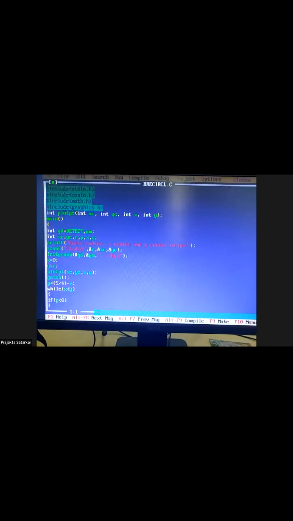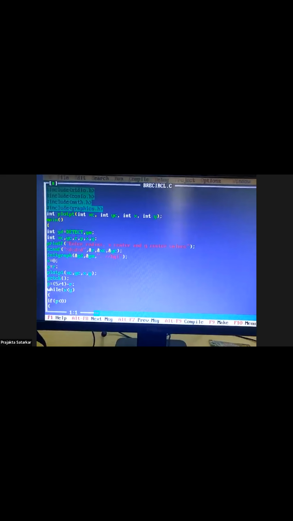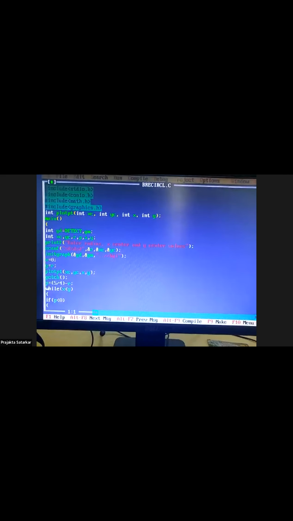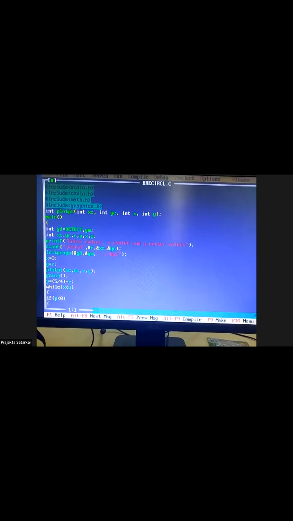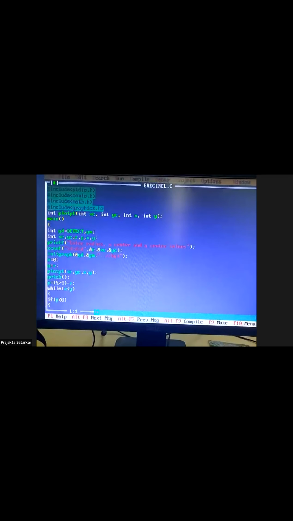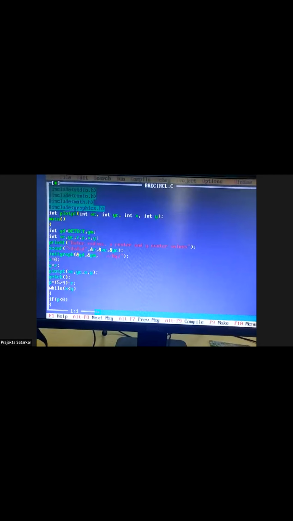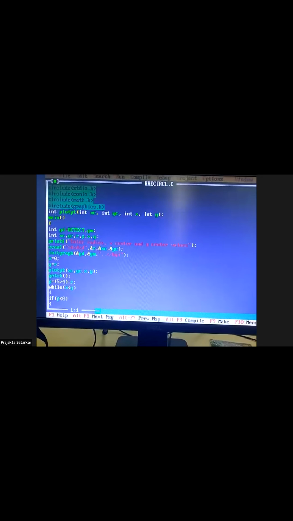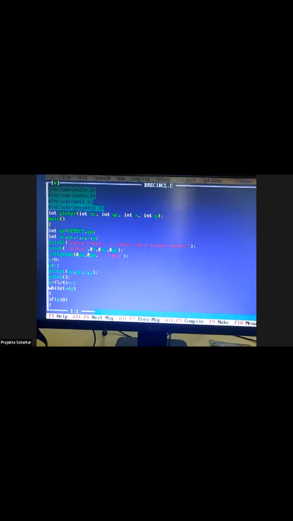So two cases will happen. X will change to X plus 1 definitely in both cases, and either Y gets decremented or Y remains the same. Depending upon the value of p, we take the decision whether Y will reduce or remain the same. That is about the decision parameter p.